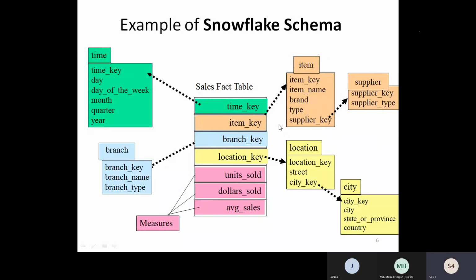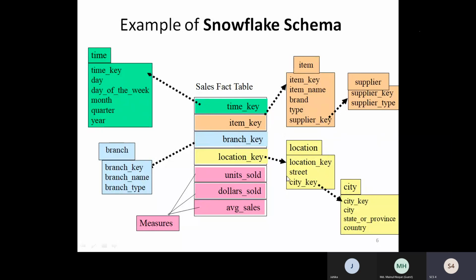Is it clear? Similarly, suppose from the time key we have this time table, and here one more thing you can place, suppose quarter, and the quarter key will point to a new table, that is quarter, and from that quarter table you get information about which quarter. Are you getting me? Similarly, the location key points to the location table.